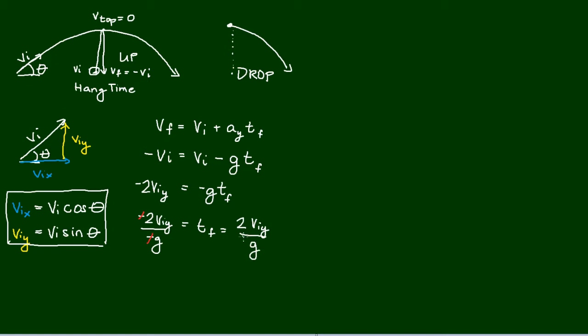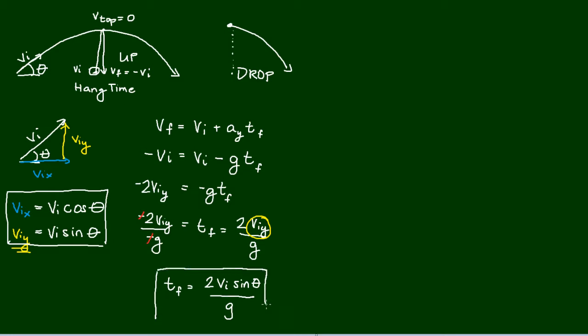However, it does not end there because we know that this Viy can be substituted using this relationship, and thus the time of flight of an angled projectile would be equal to 2 times the Vi sine of theta all over g, gravity.